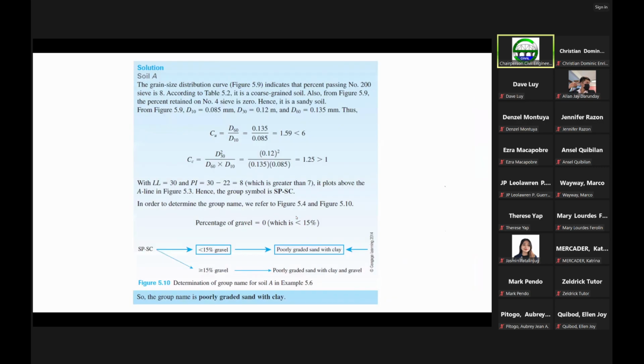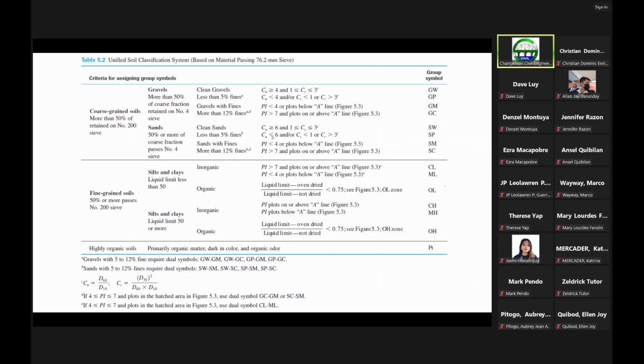Now that we have these diameters, this is in millimeters, no? So substituting the values in the formulas for the uniformity coefficient and the coefficient of gradation, we have CU less than 6 and CC greater than 1. So let's go back to the table. CU is less than 6, so it satisfies this one.